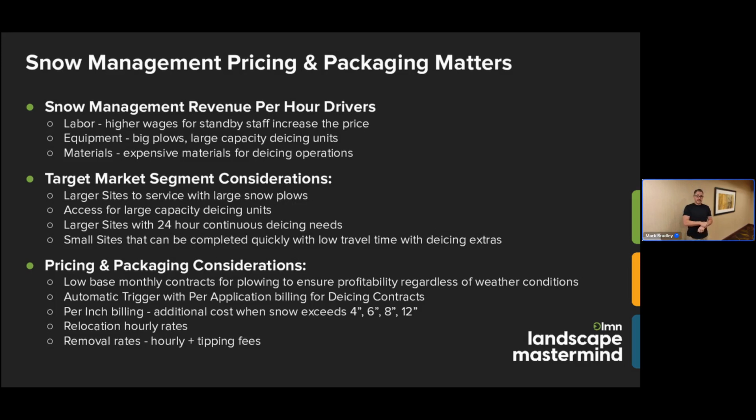In the snow business, we've got many different ways to increase revenue per hour. Just like maintenance, we can change the way that we package things, we can change the way that we price things, and really unlock the opportunity. So a few things that we like to cover in the mastermind workshops.